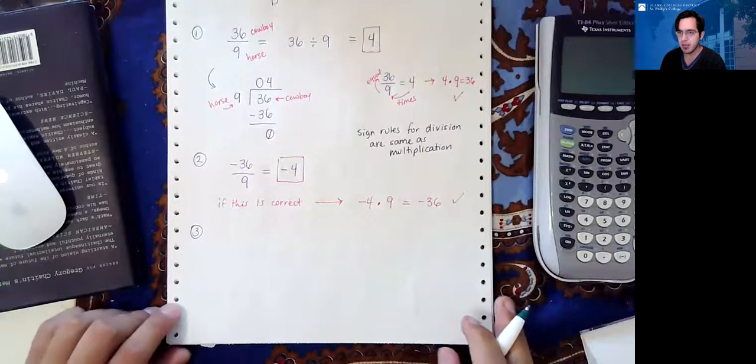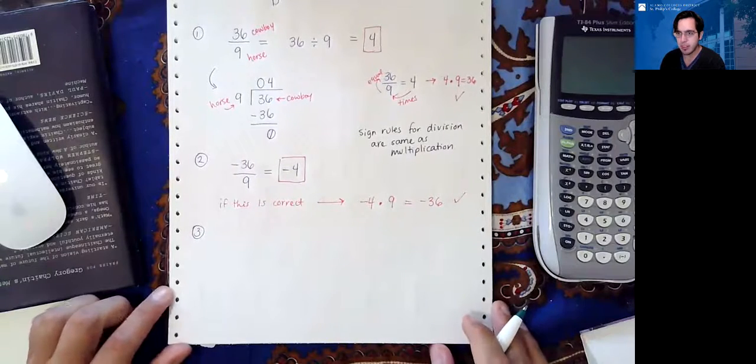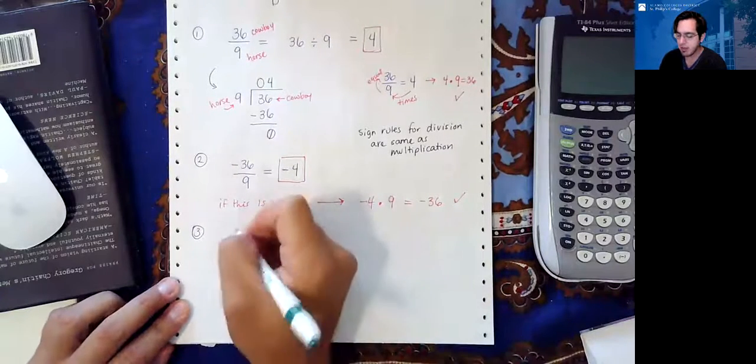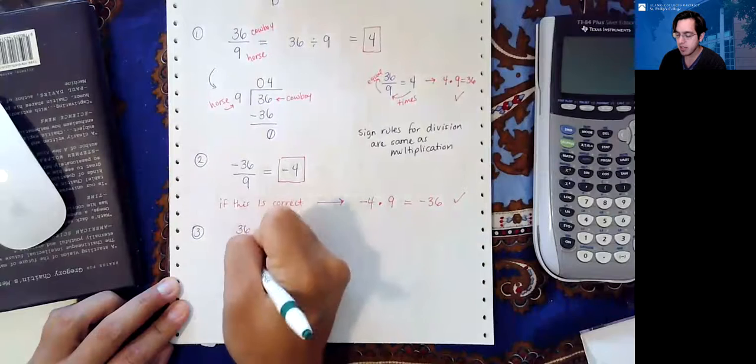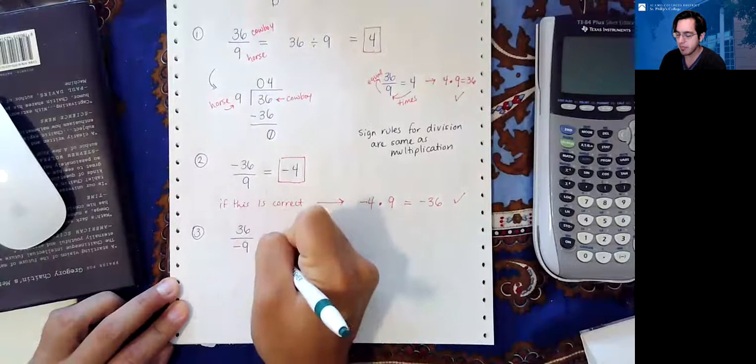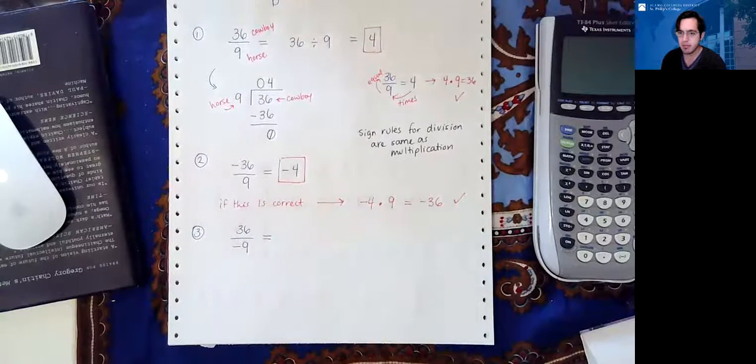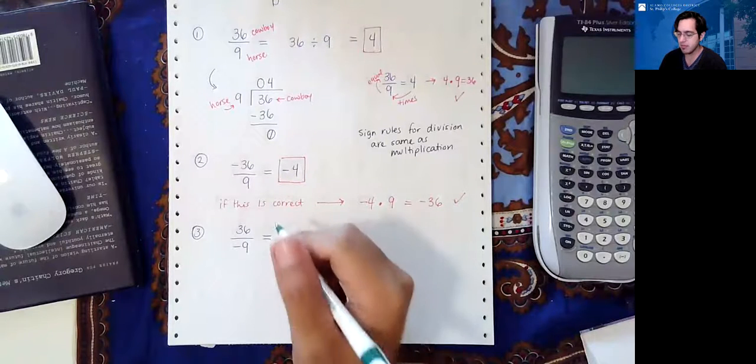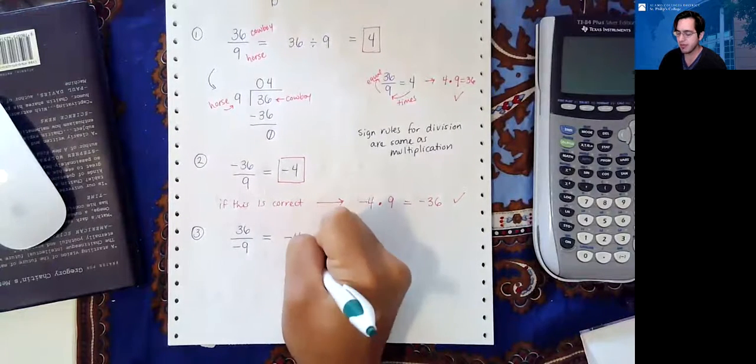Okay. Well, let's see if I can trip you guys up. What is 36 divided by -9? -4.